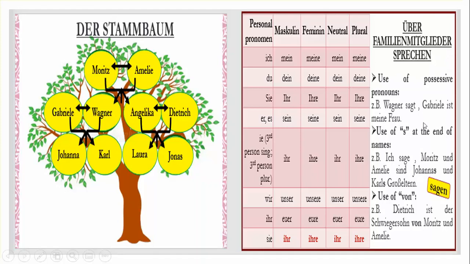And there is another new verb for you, which is the regular verb sagen, as you might have noticed from these examples. Since it is a purely regular verb, it has similar conjugation to the previous regular verbs which I've covered with you.